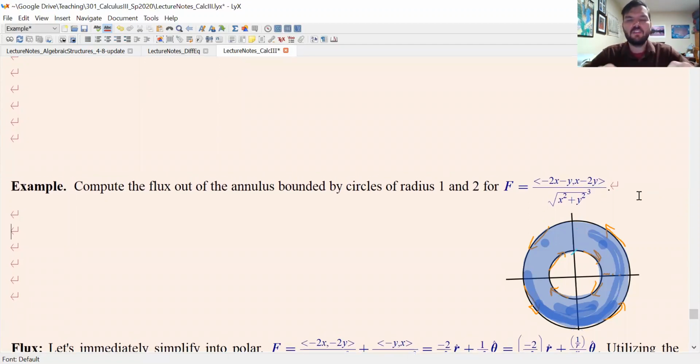Okay, so a similar problem where we're computing now the flux out of the annulus bounded by the circles of radius 1 and 2.